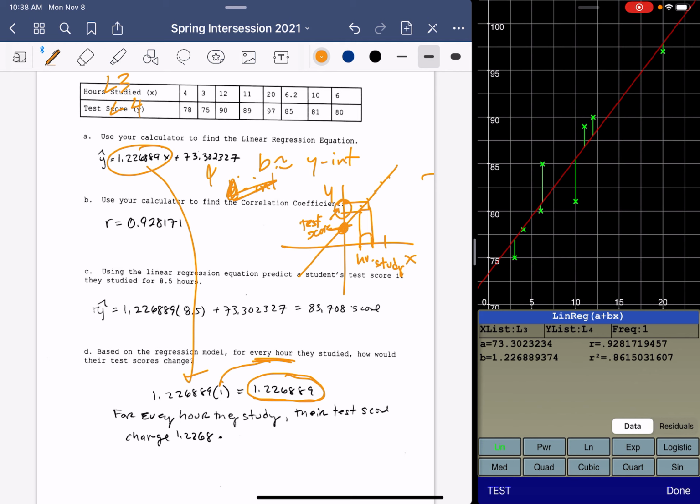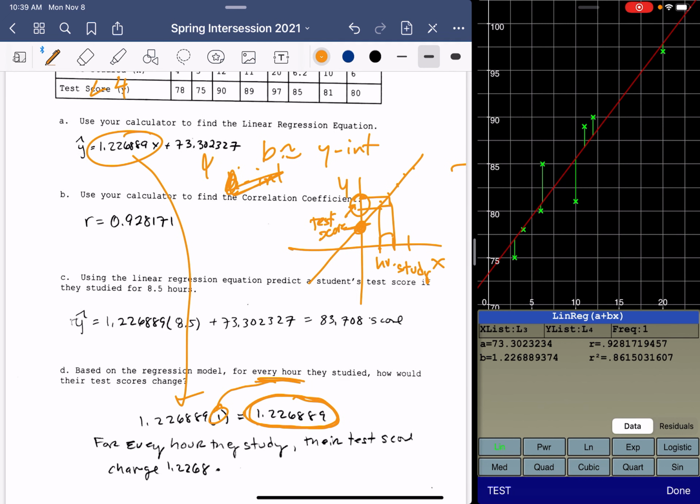Well, in this case, every hour that you study, it would increase your test score by 1.2 more percent, which is not a lot, is it? Every hour I study, it's going to give me another 1%. Yeah, it's possible based on the data that you have here. So if I study 10 hours, it's predicted that I'm going to get maybe 10 more points on my test, probably. But there's a baseline, right?